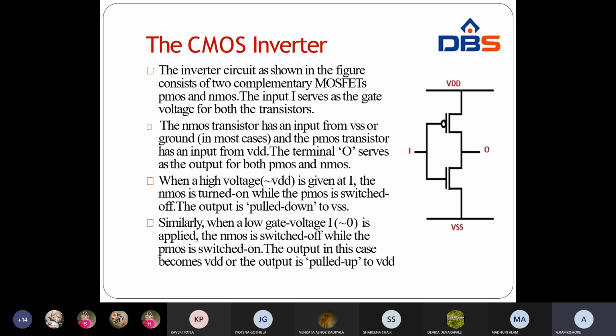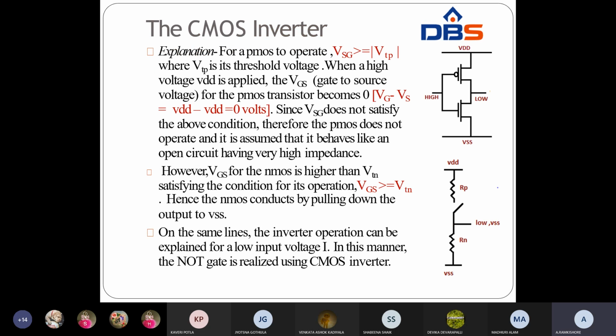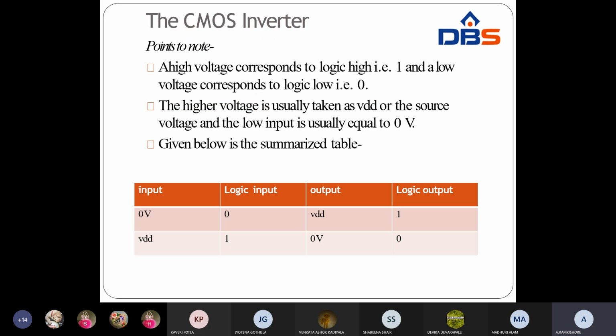The input I serves as the gate voltage for both transistors, so the input voltage is applied commonly to the gate terminals of both, either the P-type or the N-type transistor. In case one, we will see the truth table of the circuit.